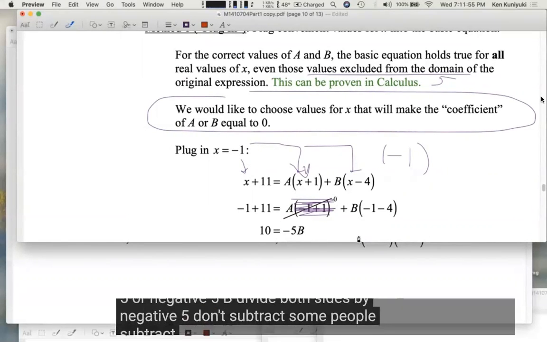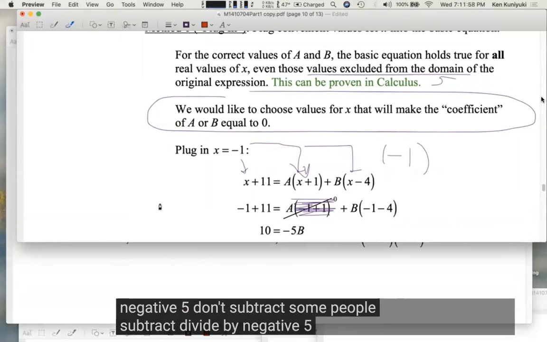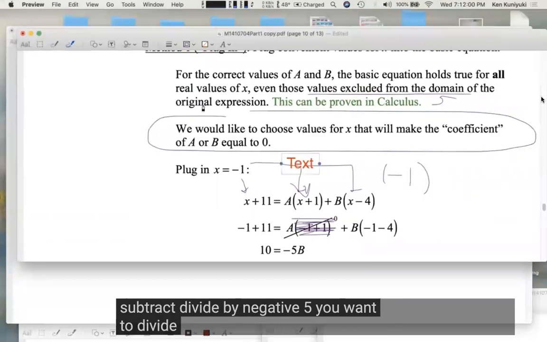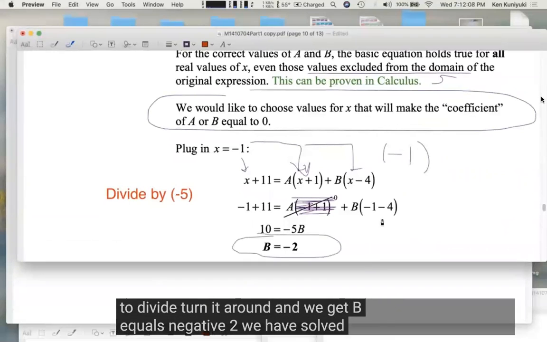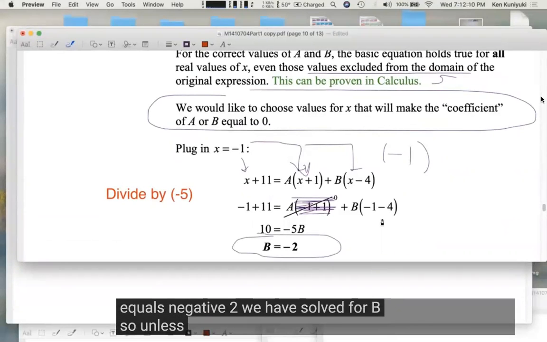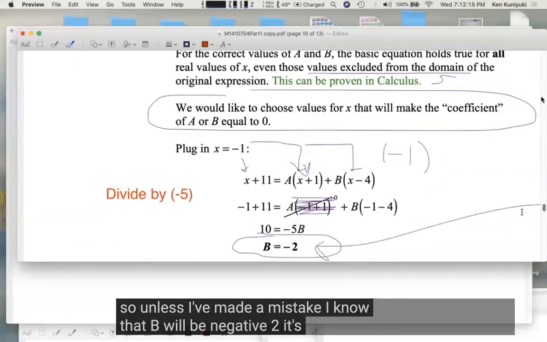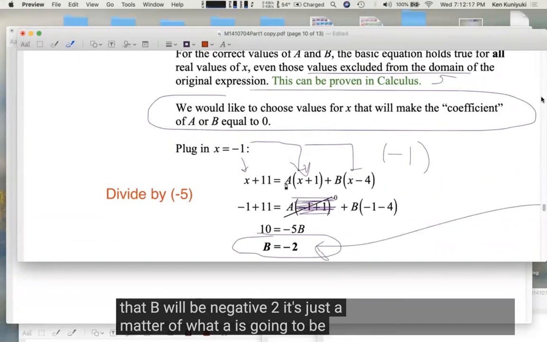Don't subtract. Some people subtract. Divide by -5. You want to divide. Turn it around, and we get b equals -2. We have solved for b. So unless I've made a mistake, I know that b will be -2. It's just a matter of what a is going to be.